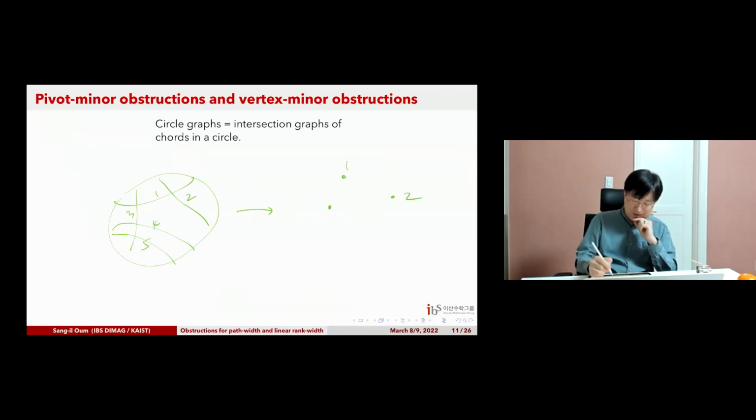So 1, 2, 3, 4, 5. And 3 is adjacent to 4, right? Because they intersect. 3 and 5 intersect, and 1 and 3 intersect, and 1 and 2 intersect. So this graph is called a circle graph because it's the intersection graph of these chords in the circle.